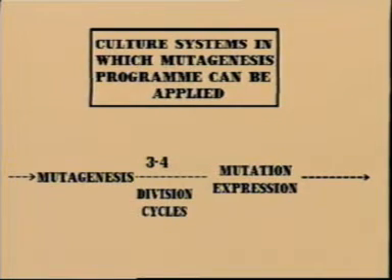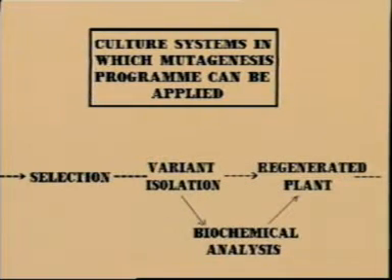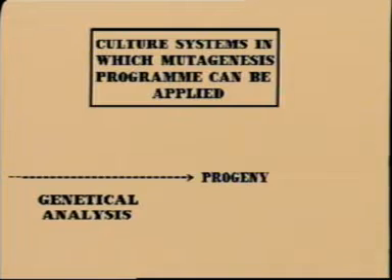These can be morphological or biochemical. So, variant isolation is done either by biochemical analysis or by observing the cultures and then separating them out and regenerating plants from them. Thus, whatever progeny is created, they are taken for genetical analysis.